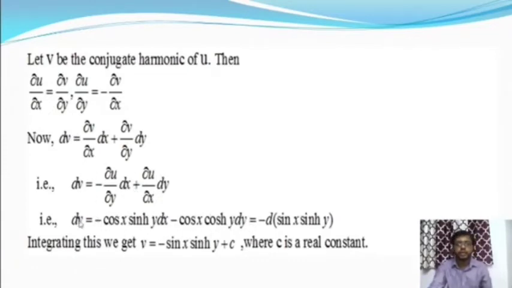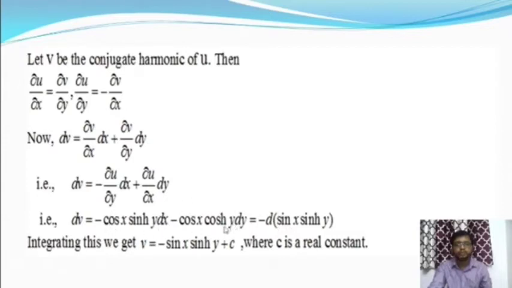Okay, so dv is equal to minus cos x sin hyperbolic y into dx minus cos x cos hyperbolic y into dy. So this expression can be written with a d operator, so minus d of sin x into sin hyperbolic y. So the derivative of sin x sin hyperbolic y is actually this one, minus of this.